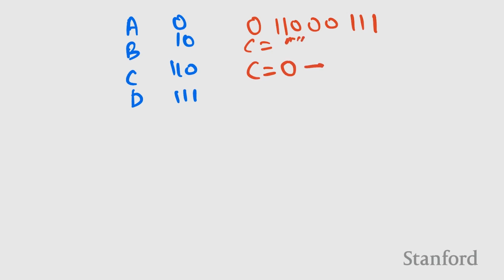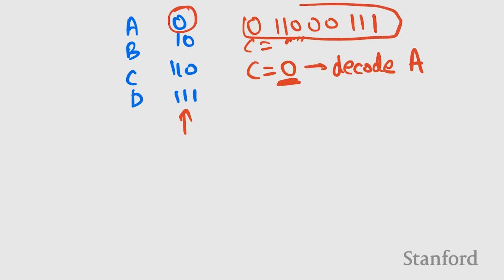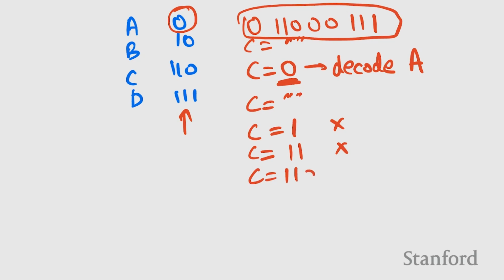Then C is 0. You decode A, because you immediately see that 0 is in this table. So this is the code word you decode. Then C again becomes empty. Then you put C equal to 1. You can't decode here, there is no code word which is 1. Then C is 1, 1. Again, there is no code word which is 1, 1. Then C is 1, 1, 0, and here you can decode C.